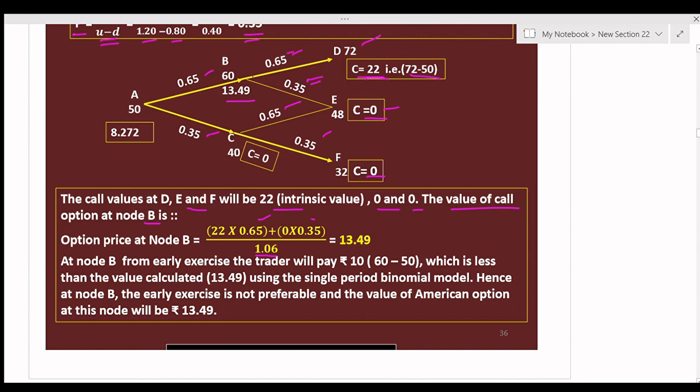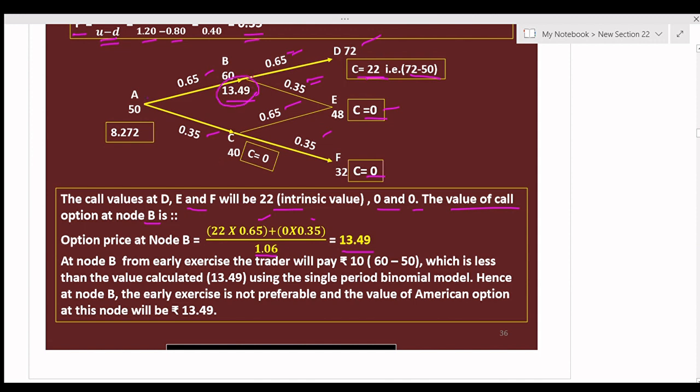It is not continuous compounding. If it is continuous compounding, it will be e to the power 1.06 because it is for 1 year. If it is for 6 months, it will be e to the power 1.06 into 0.5. That will come later. It comes to 13.49. So the value at node B is 13.49.